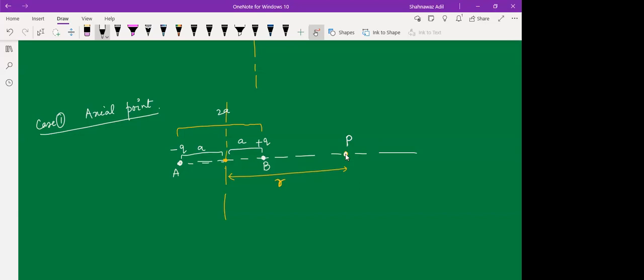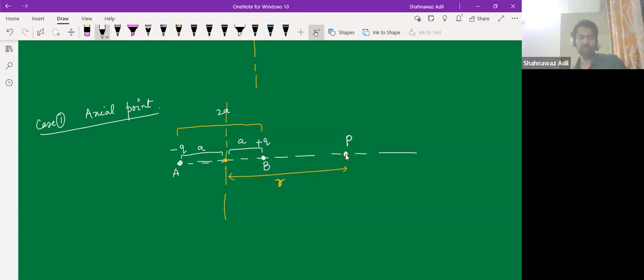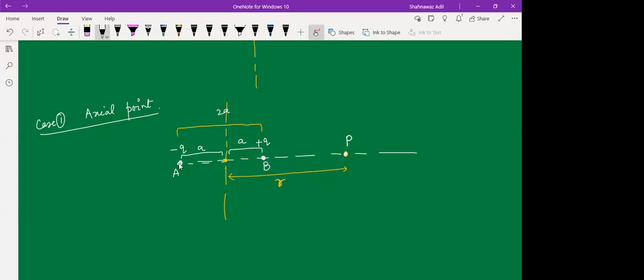Sir, two. Right, so two contributions would be there at P point. One would be due to this charge, the other one due to this charge. Clear, guys? Yes, sir.